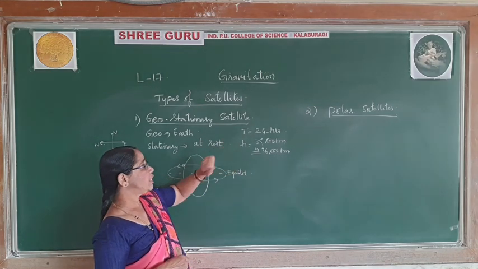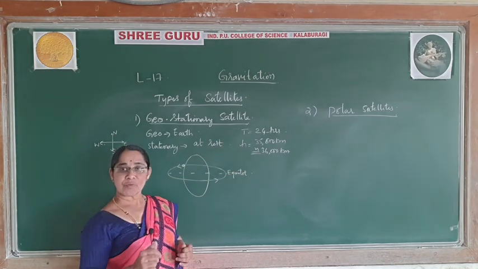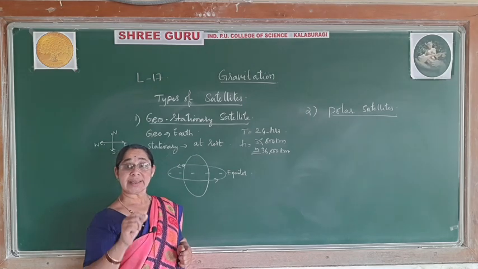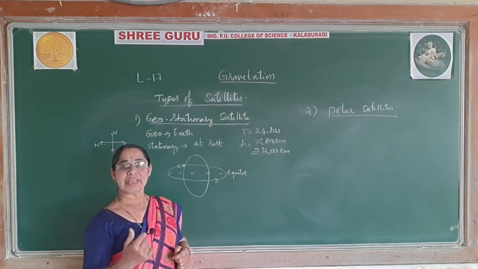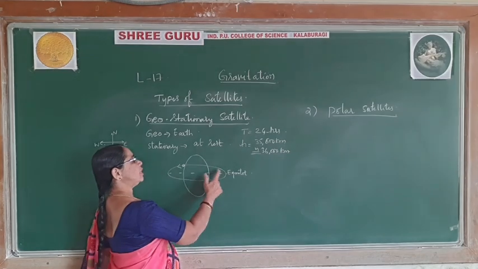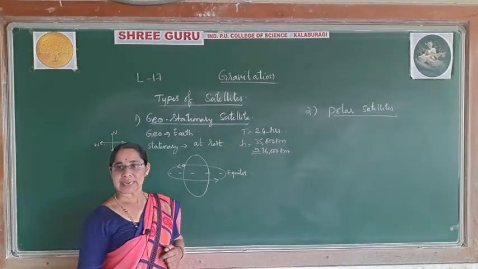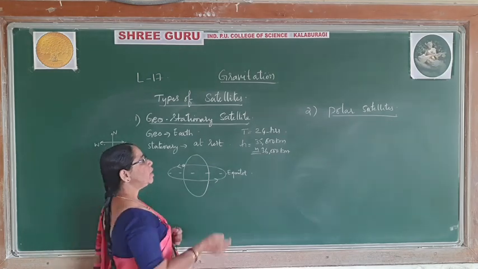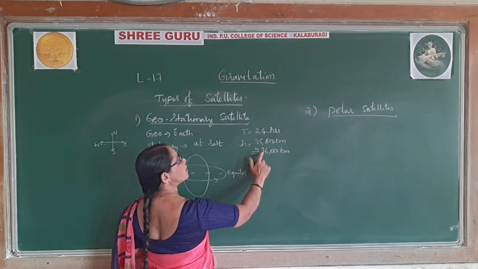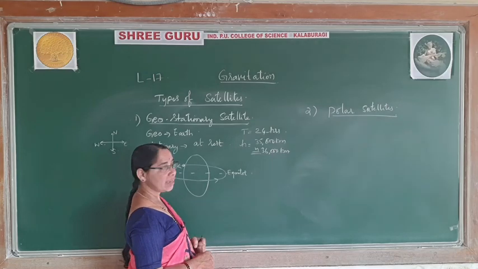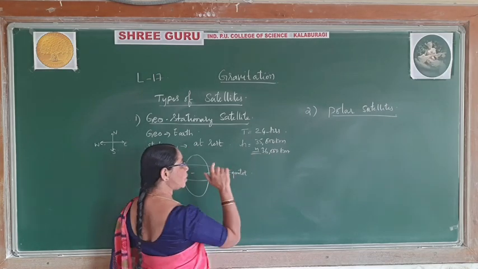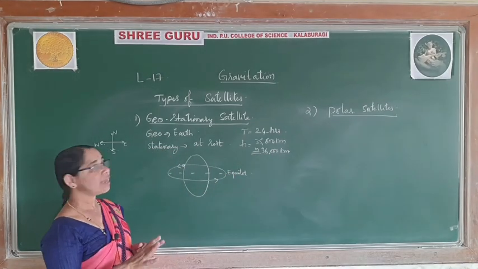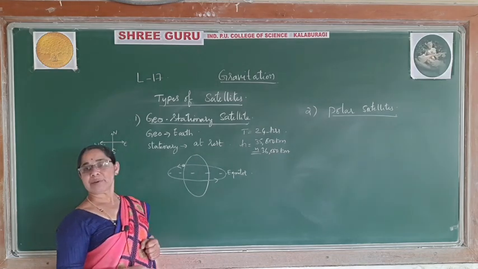So, for the geostationary satellite, the satellite is always located at the equator, slightly above the equator. At this position we are placing the satellites, and the height of the satellite will always be 36,000 kilometer from the equator, and also the time period will be 24 hours.